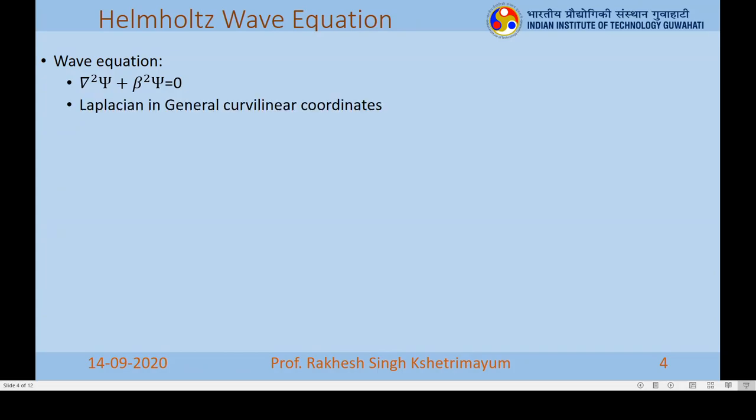I have discussed in detail what the Laplacian is in general curvilinear coordinates. And as I have already told you before, it's very easy to remember this Laplacian in the general curvilinear coordinate system.